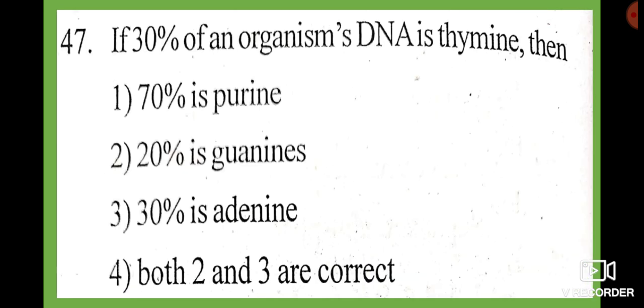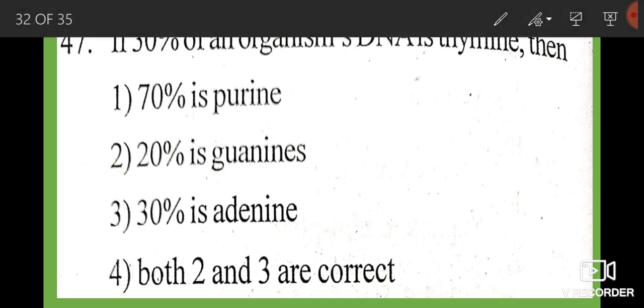Question number 47. If 30% of an organism's DNA is thymine, then, observe the options: 70% is purine, 20% is guanine, 30% is adenine, both 2 and 3 are correct. Which one is the right answer?